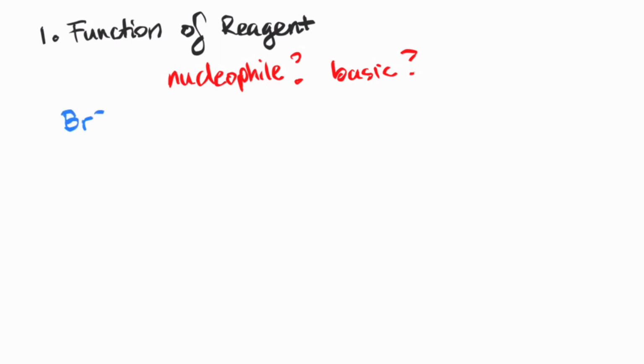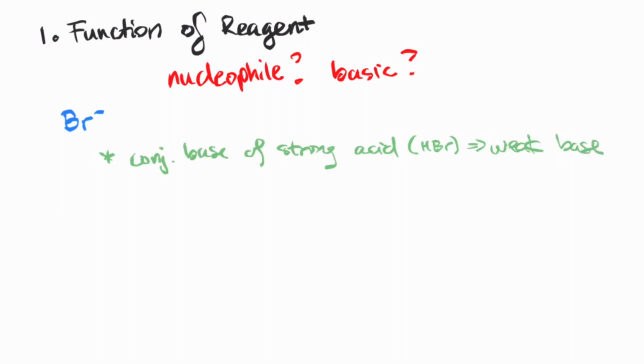The first one that's good to take a look at is this bromine ion, or bromide. So bromide ion is an extremely weak base because we know its conjugate acid, HBr, is a very strong acid, right? A pKa of -9. So it would be considered a weak base. And at the same time, that bromide ion can accommodate that negative charge because it is a very large and electronegative atom.